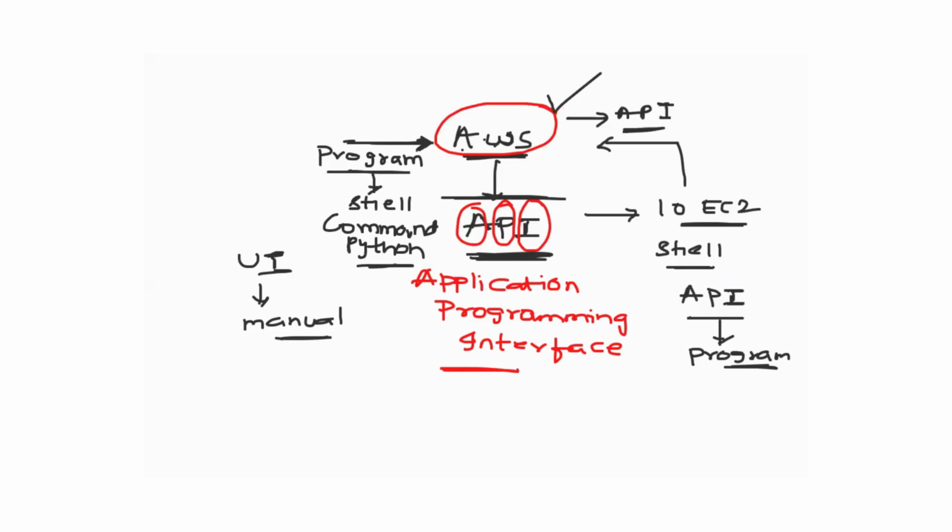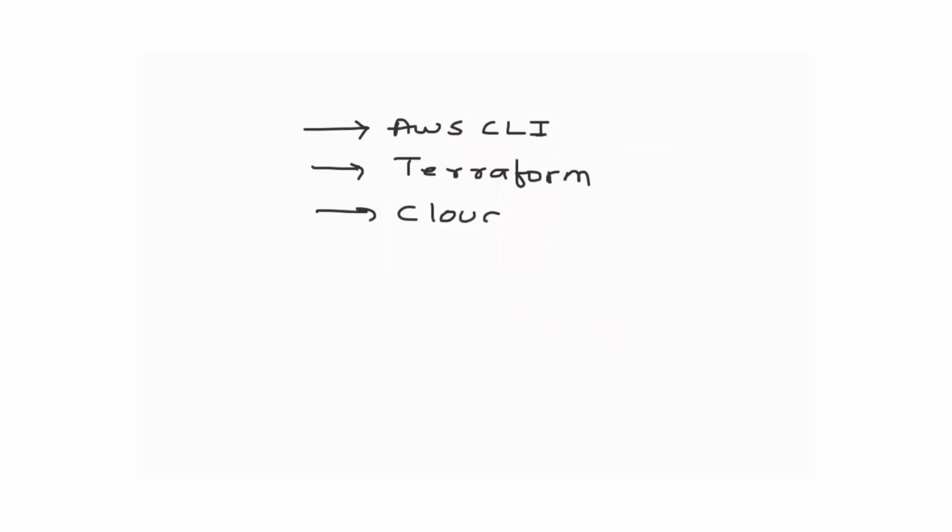So using this AWS API, there are a bunch of tools in the market which allow you to automate resources on AWS. Such tools are nothing but AWS CLI, Terraform, CloudFormation Templates, Cloud Development Kit, or AWS CDK.